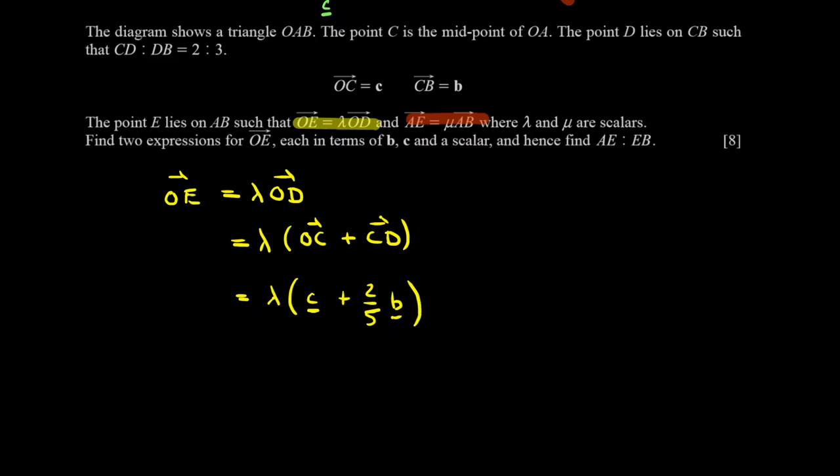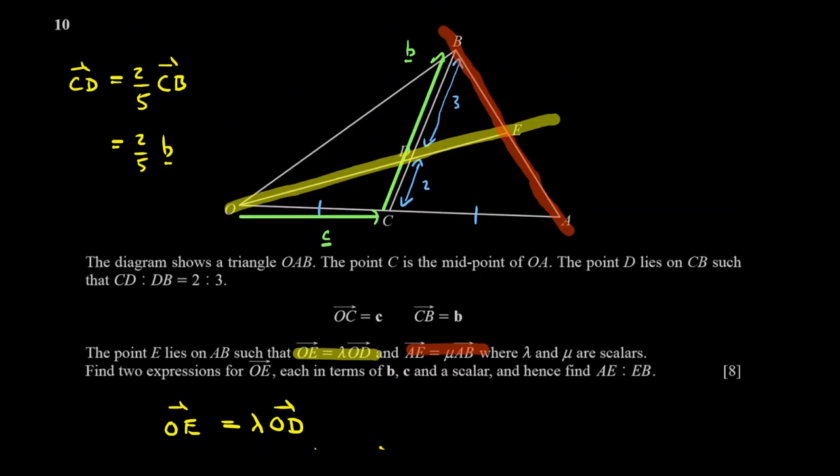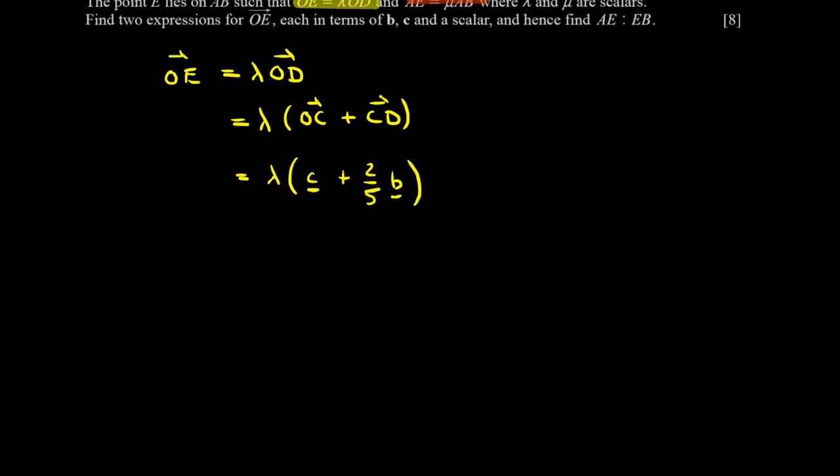Now I want to find a different expression for OE, and this time I'm going to use the red line. How can I use the red line? To go from O to E, I go from O to A, and then I go from A to E. So I'm going to write that down, O to A and then A to E. So the vector OE is the same thing as going from O to A and then from A to E. By the way, your vector equations should always make sense.